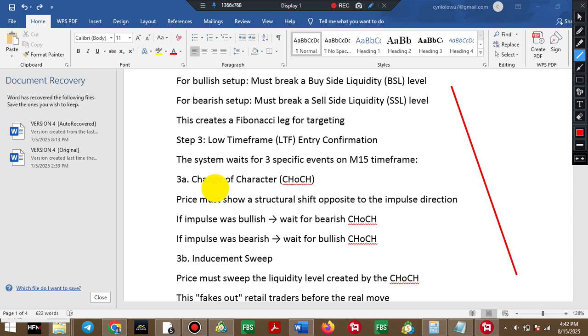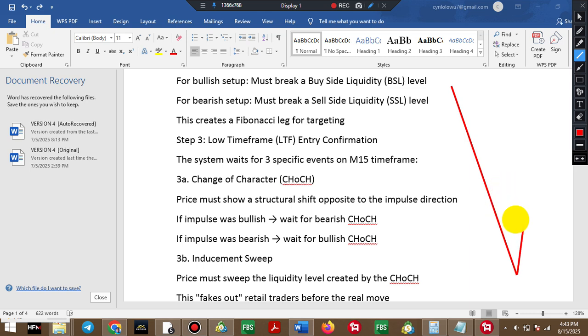The system starts looking at the lower time frame for you, and what it's looking for is a change of character. That means a move on the lower time frame that is opposite the move in your middle time frame. If the move in your middle time frame is sell, the system will be looking out for a move on your lower time frame that is opposite the move towards the downside.